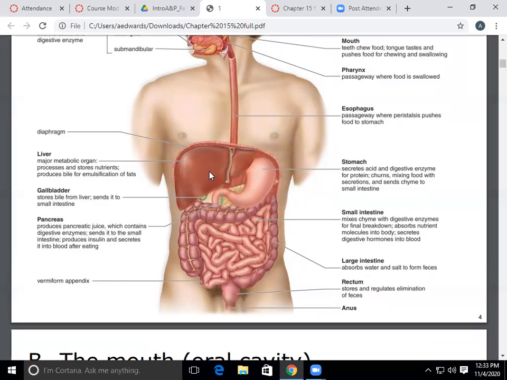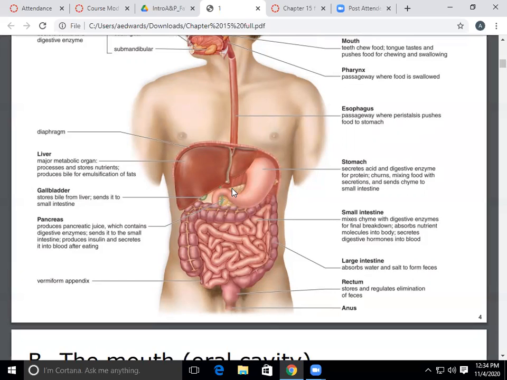And it produces bile, helps you break down fats. And that bile gets stored in the gallbladder. When it's needed, it sends that bile to the small intestine to break down fats. Also have a pancreas, secretes pancreatic juices, has digestive enzymes in it as well, and it sends the pancreatic juice to the small intestine.